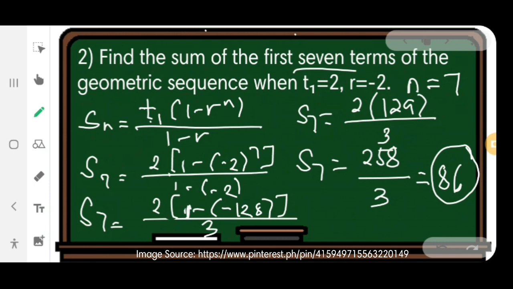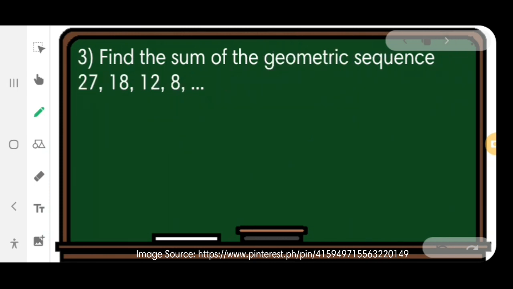Now, let us proceed to the last example. Find the sum of the geometric sequence 27, 18, 12, 8, and so on.